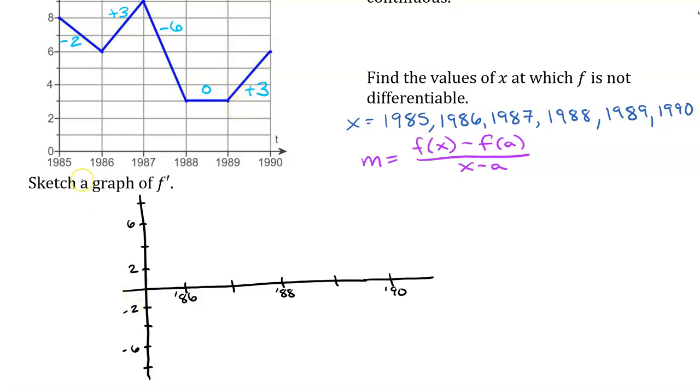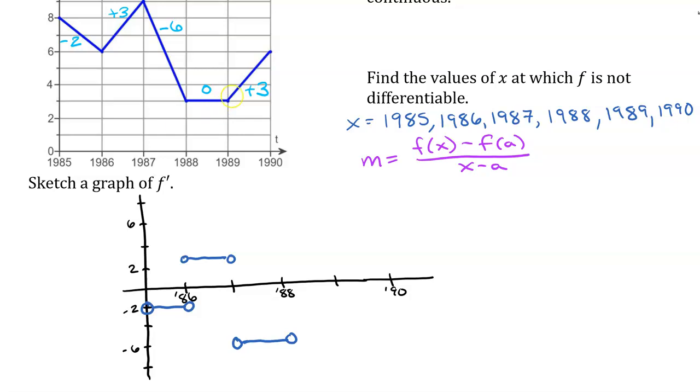So for 85, I'm going to have an open circle at -2, and that goes to 86, because that is a linear piece. It's going to be perfectly straight. And then I jump to +3 slope for 86 to 87, and then -6 slope from 87 to 88.